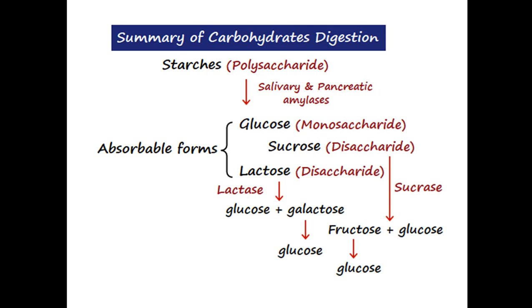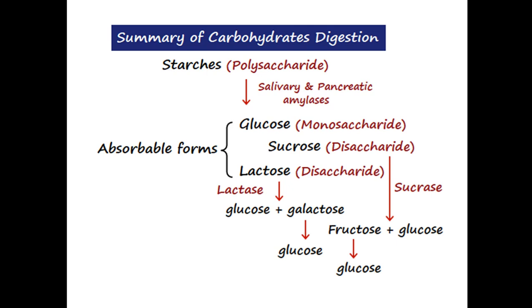Before we discuss lactose intolerance, let us have a brief review of carbohydrate digestion. We take carbohydrates mainly in the form of starches, which are polysaccharides. The digestion of the polysaccharides or starches starts in the mouth by mechanical digestion and the addition of salivary amylase.